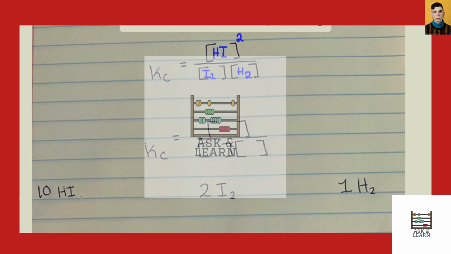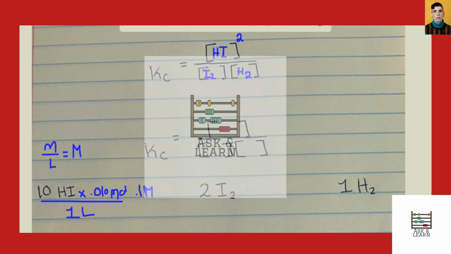So in order to find the concentration, we can say 10 molecules of HI times each molecule being 0.010 moles divided by 1 liter. This is our formula for concentration. Moles over liter gives us molarity. So this will give us 0.1 molar. So HI is 0.1 molar.